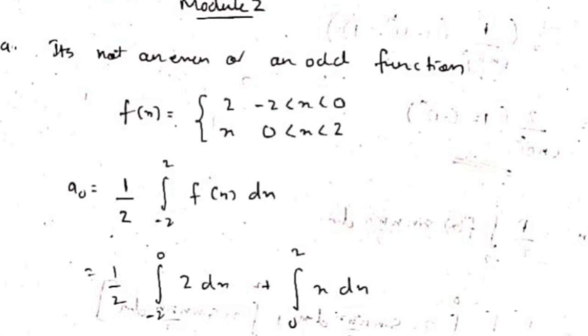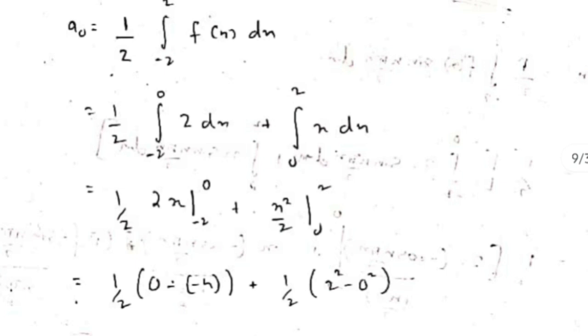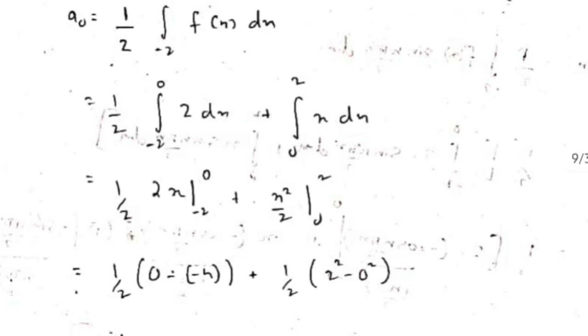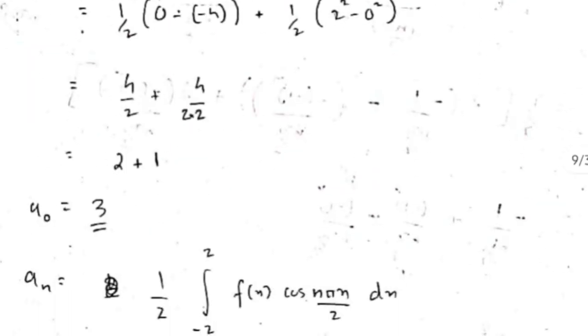In that case we have to find a naught, a n and b n. The formula for a naught is this one, and instead of f of x we will be substituting 2 and x according to the limits. So we'll be taking two integrals, one from minus 2 to 0 and one from 0 to 2, and in these two integrals this value will be substituted and we'll simplify it to get a naught.